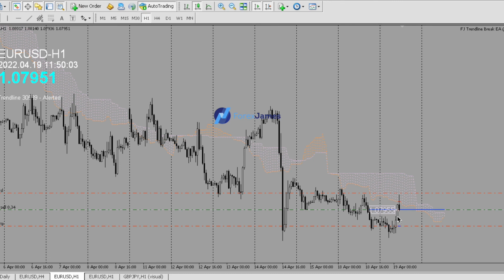Okay, so the stop loss is essentially the highest of the past 10 bars that have closed. If this bar hasn't closed, then it's not going to be able to detect this bar. I may make some improvements to the EA later on so that it would be able to count the current bar as well. In that case, you should be able to place the stop loss here automatically. But that's it, we're in for a sell trade.